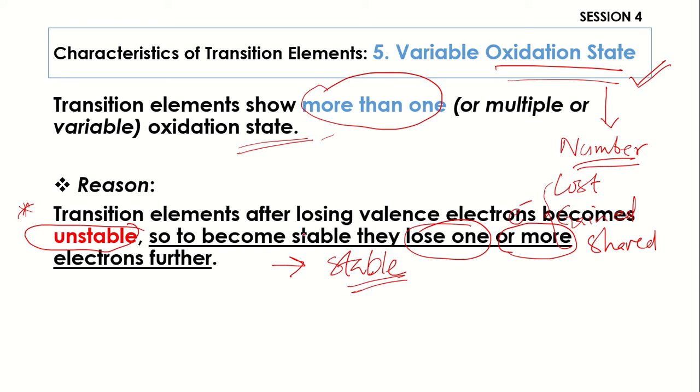During that process, they tend to show more than one oxidation state. This is the fact about all the elements that you have already recognized in the periodic table: they want to become stable. The same goes for the transition elements. After losing one, they become unstable, so they lose more electrons in that process.